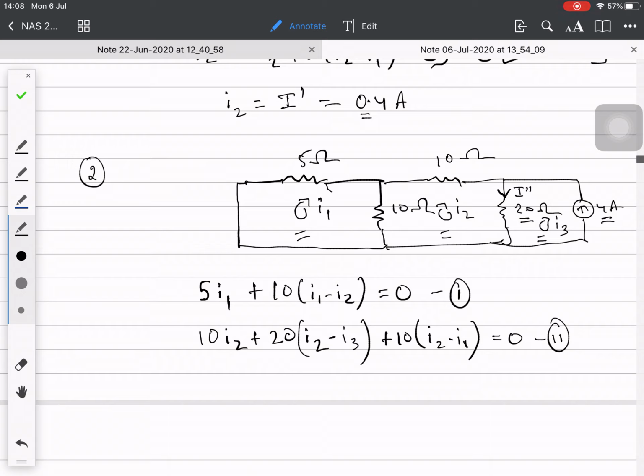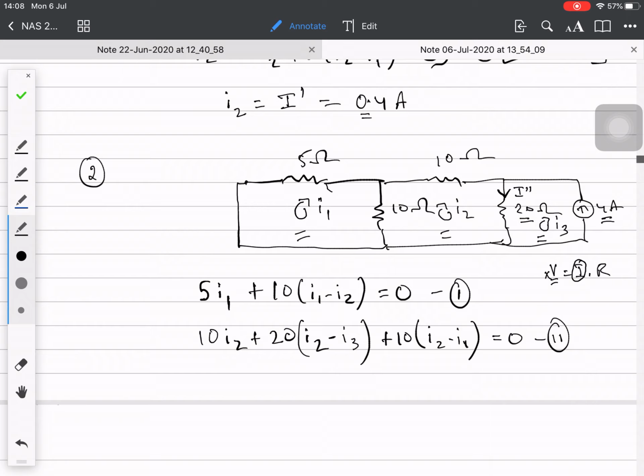Why? Because V will be equal to I into R, and since R will be infinity, you cannot find the V term, right? So always remember, not only in this example, in any question, if there is a current source in a loop, you are not supposed to apply KVL there, right?